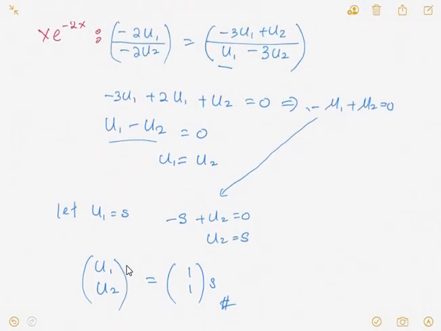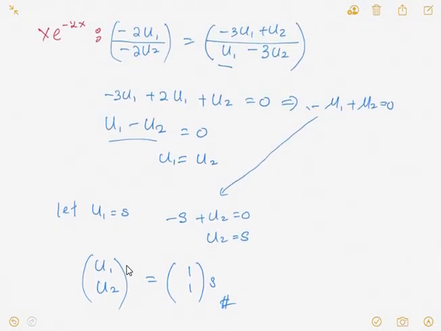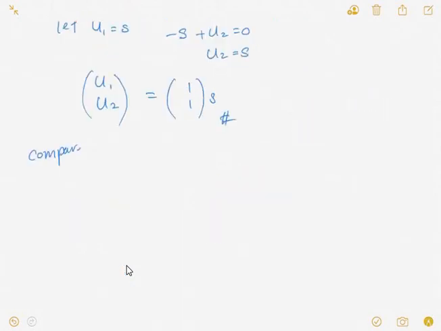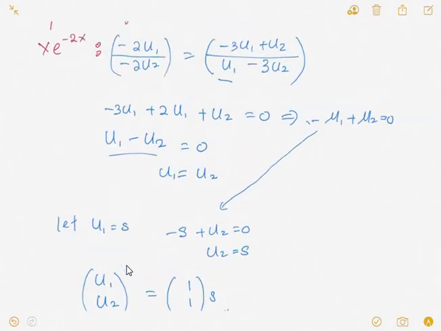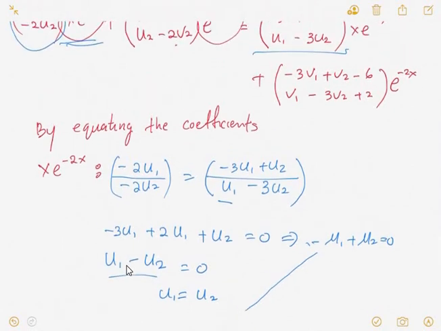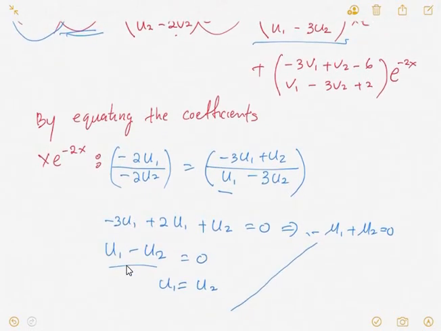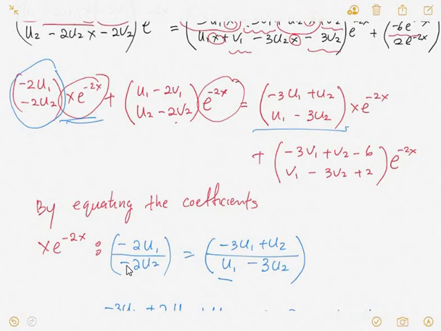Okay, after you compare x exponent, now you compare the exponent negative 2x. So what do you get? For the exponent, you have this one and this one.